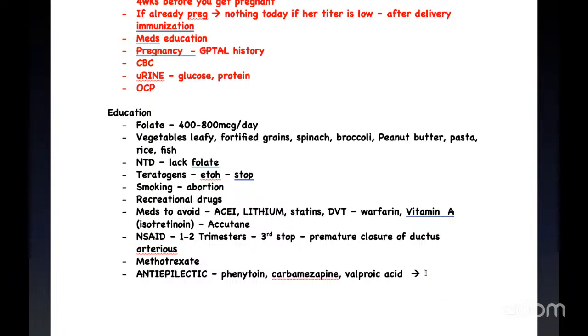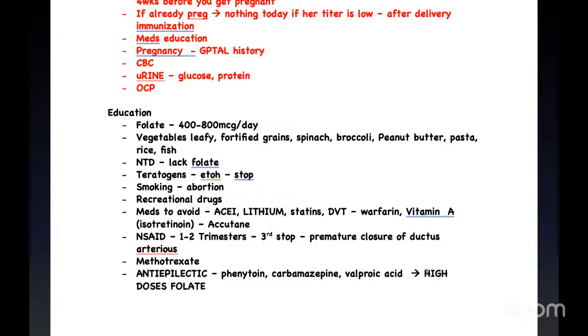The problem is, if they cannot stop it, we have to talk to the doctor to help them deal with the neural tube effect. So they get a high dose of folate because they can't stop the medication.